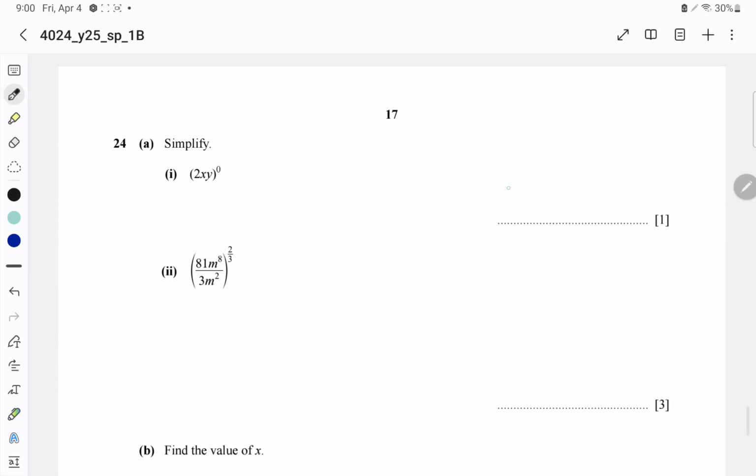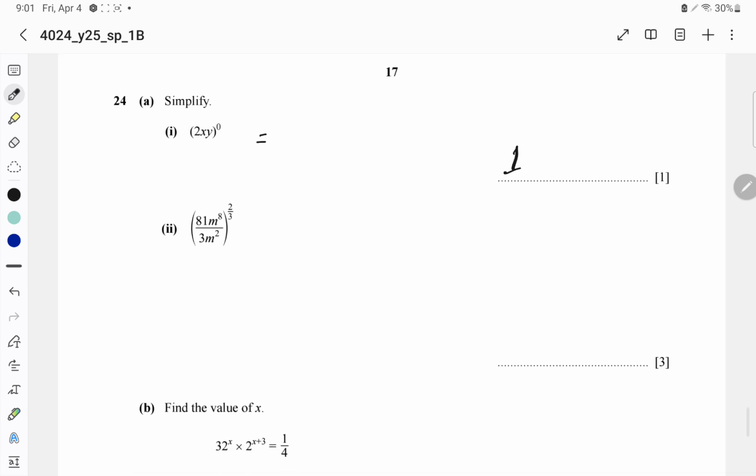Simplify, it's easy, equals to 1 because the whole power is 0. Anything to the power 0, answer is 1. Part number 2, 81 over 3 is 27. And m^8 over m^2, 8 minus 2 is 6, m to the power 6.